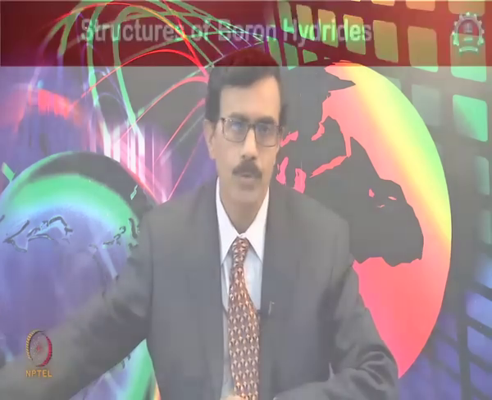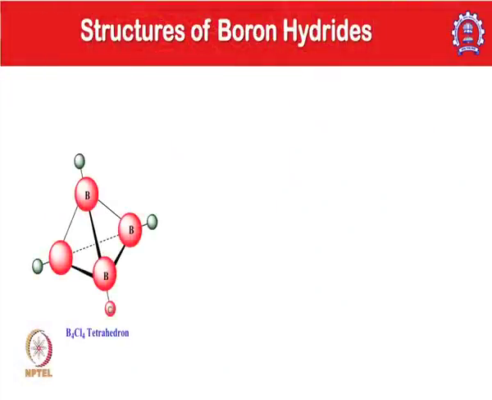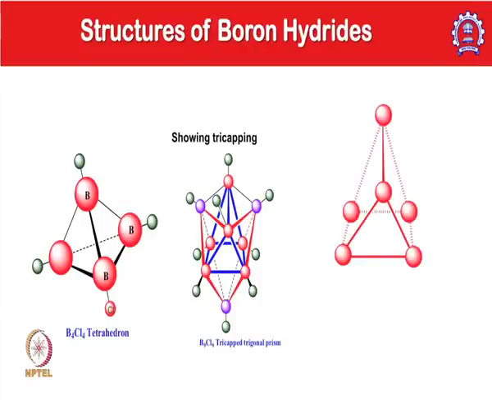Okay. Let us look into structures of boron hydrides. I will just show you the structures without elaborating more on the structural details. This is for B4Cl4, a tetrahedron, and this is for B9Cl9, a tricapped trigonal prism. Of course, how one generates this structure can be seen.